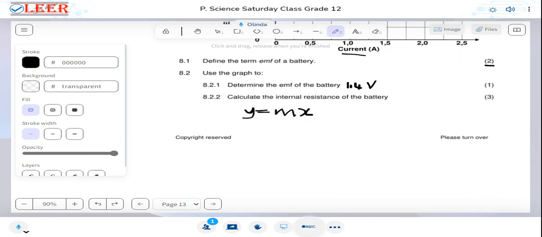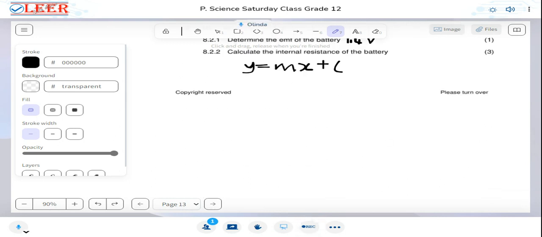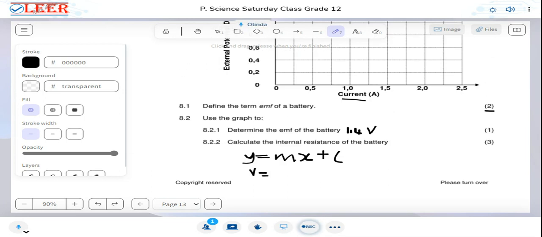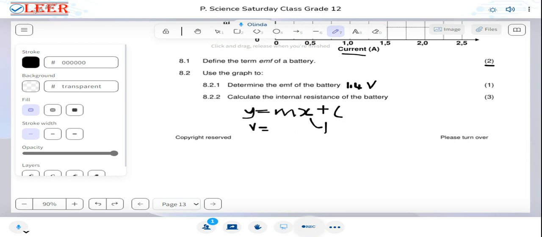It starts up at 1.5, maybe plus c. We know that y is our potential difference, which is in voltage, and then we have our gradient, and then we know that x here will be our current, okay, and then we have our gradient, which is then going to be equals to, over time. It's equals to our charge.